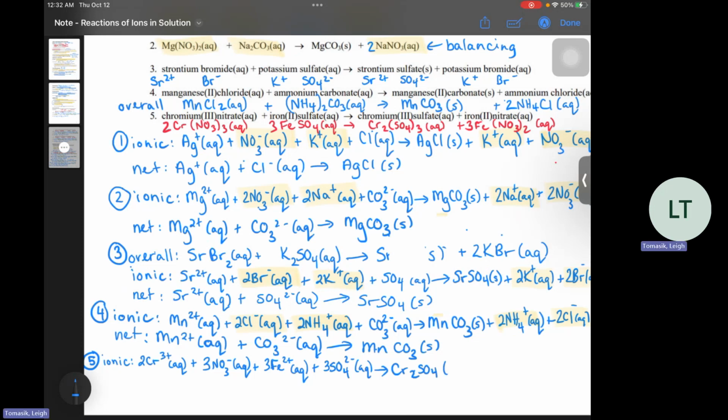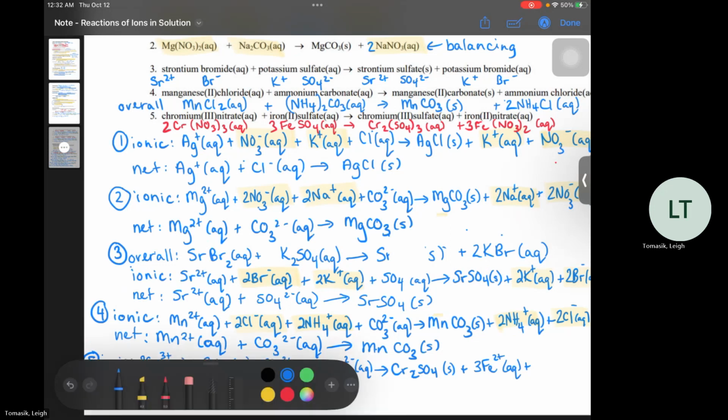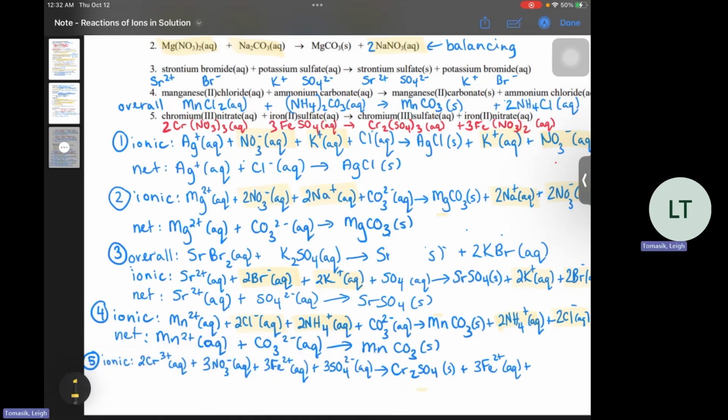Cr2(SO4)3 solid plus 3Fe2+ aqueous plus 6NO3. Oh, I read this wrong. Okay, so you see how I put the 3NO3 there? That's because I looked at this.